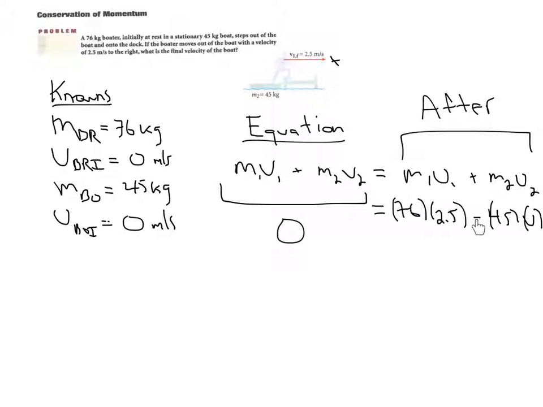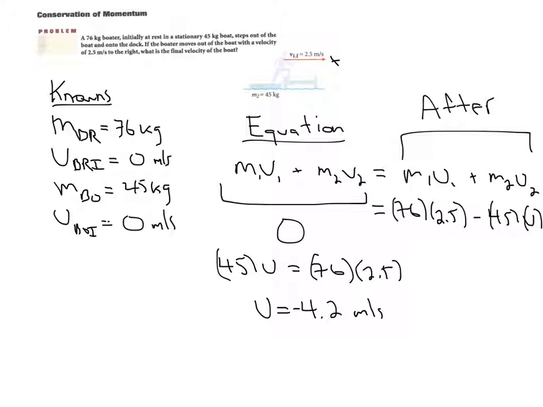Then I can add this 45 times v to the other side, and we end up with 45 times v equals 76, the mass of the boater, times 2.5, his velocity. Solving for v, we get an answer of negative 4.2 meters per second.